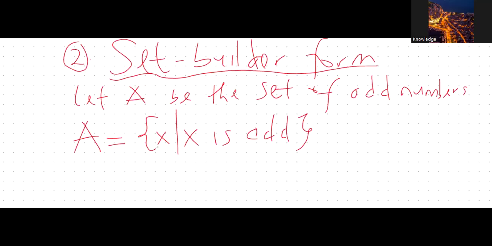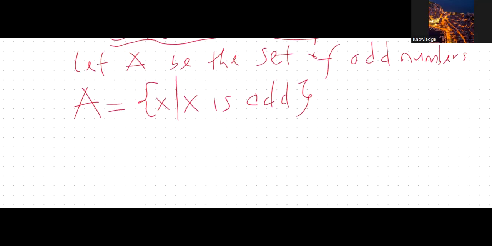In this case, we don't yet know the things that belong to A, we don't yet know the elements. So we say, let X be an element of A. This vertical line, up and down line, means such that. Okay, I think I'll need to label them so that you understand it better.